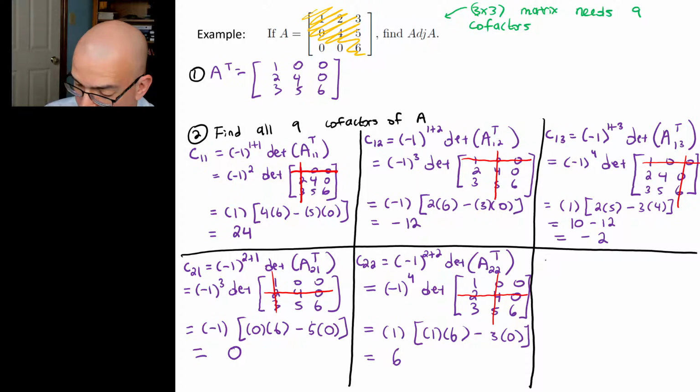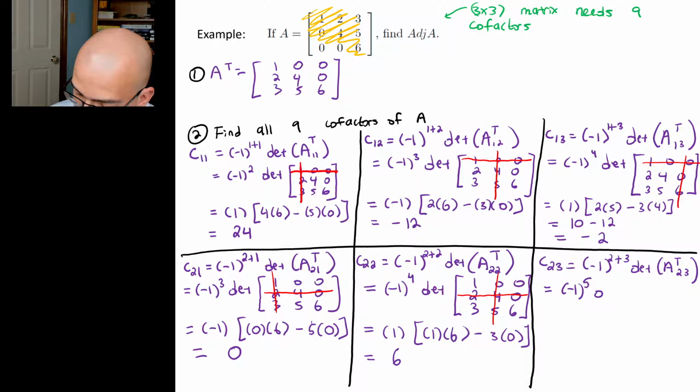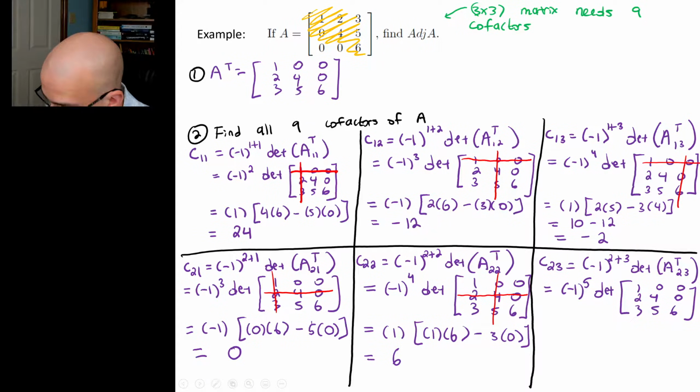Now the last cofactor inside the second row, C23, negative 1 to the power of 2 plus 3 times the determinant of A transpose 2, 3. So negative 1 to the power of 5. Make a copy of the original matrix: 1, 0, 0, 2, 4, 0, 3, 5, 6. And then we're looking at this submatrix.